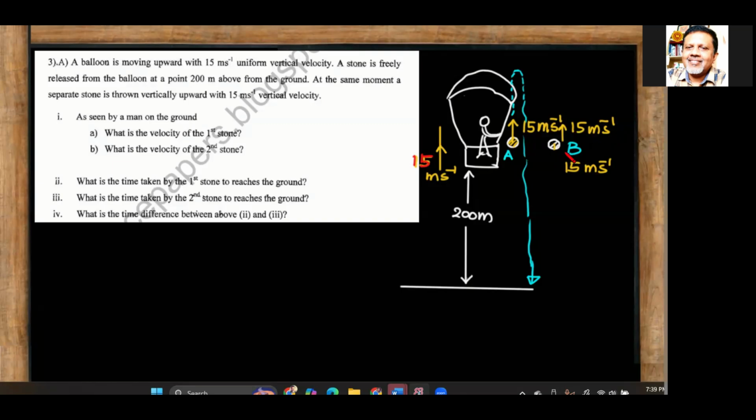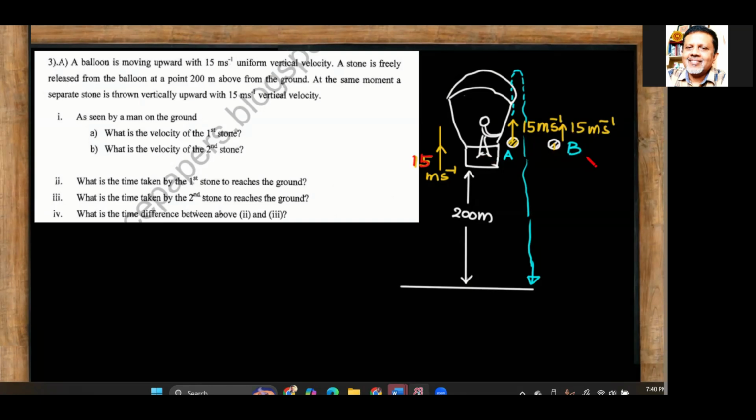Therefore, there should be an addition of another 15 if you consider velocity with respect to the earth, right? Initially we don't know, because it doesn't say whether the 15 meter per second is relative to the ground or relative to the balloon.